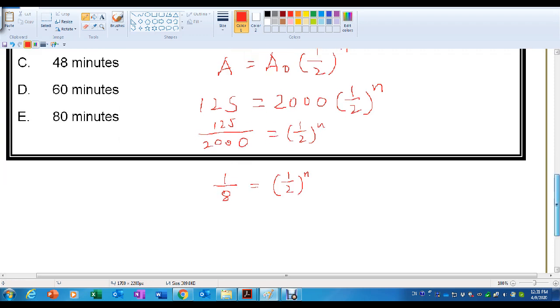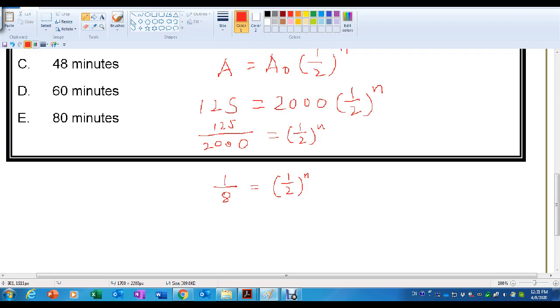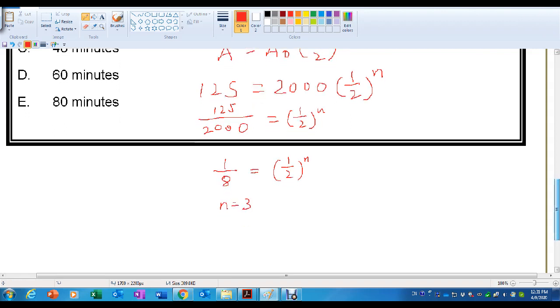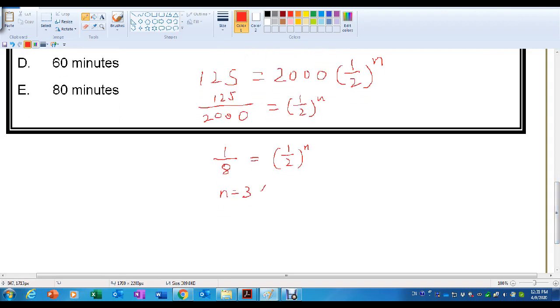Of course, you can try n equal to 1 is 1/2, and n equal to 2 is 1/4, right? So n equal to 3, all right? So that means it takes 3 half-lives. So that's how long it takes.